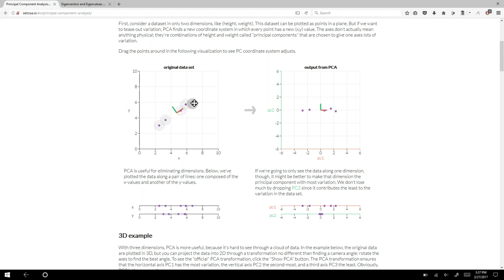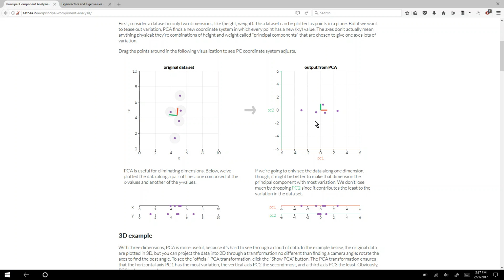And if I turn this like this, the dimension that captures the most amount of variance is if we project it onto the direction of this red axis right here.